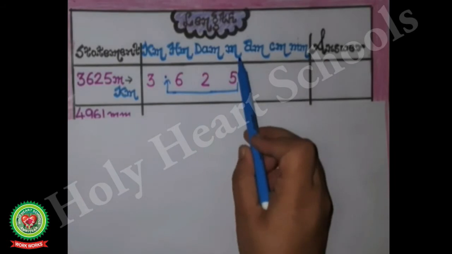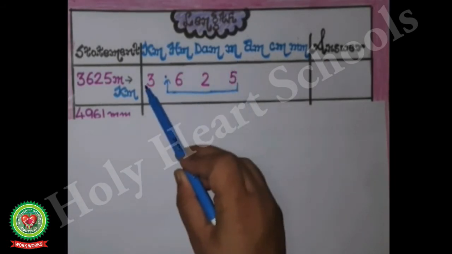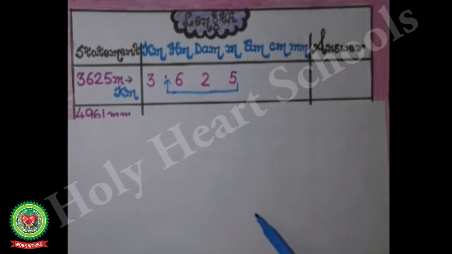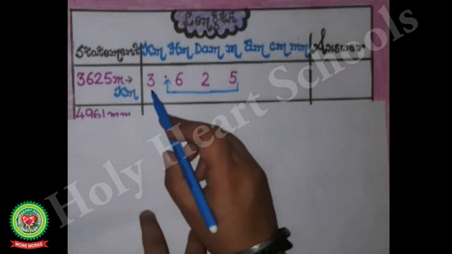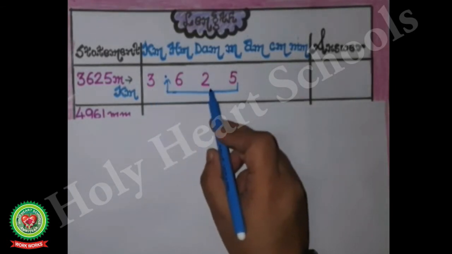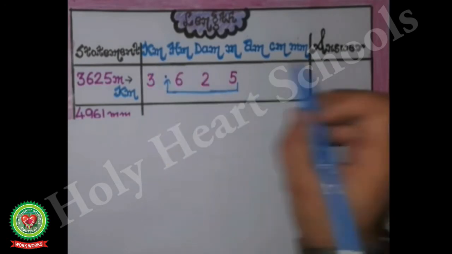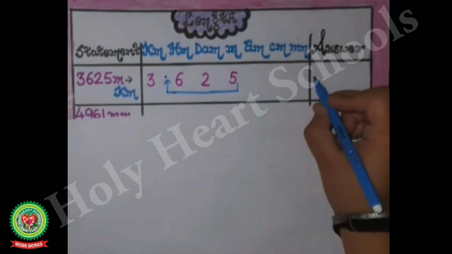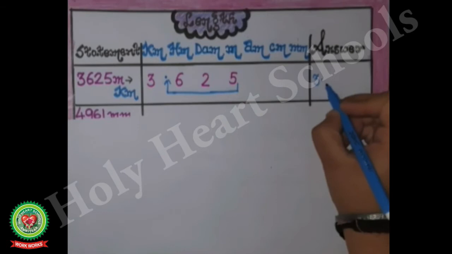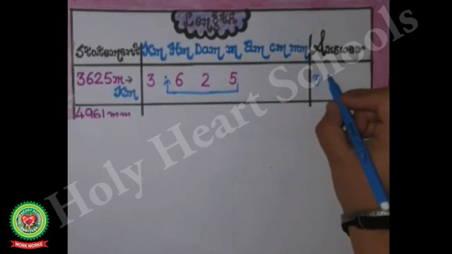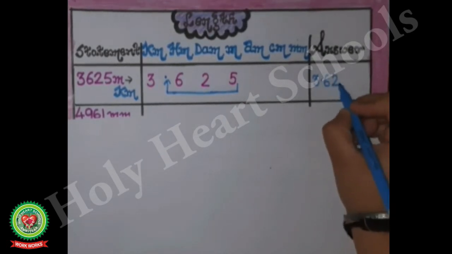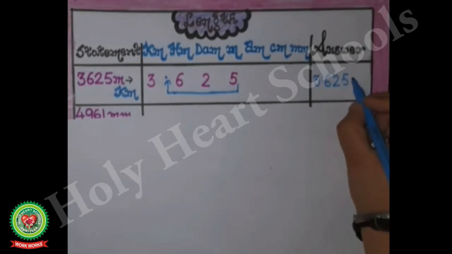Because we are converting smaller unit to higher unit. So what is the answer? Answer is 3.625 kilometers. So let's write down the answer. 3.625 kilometer.